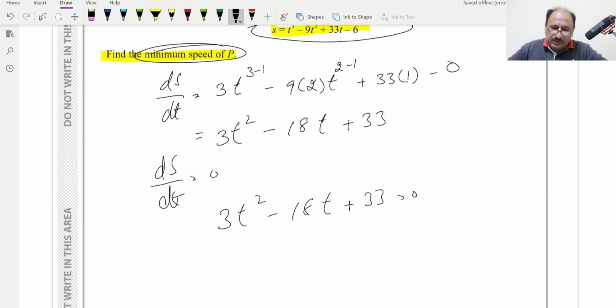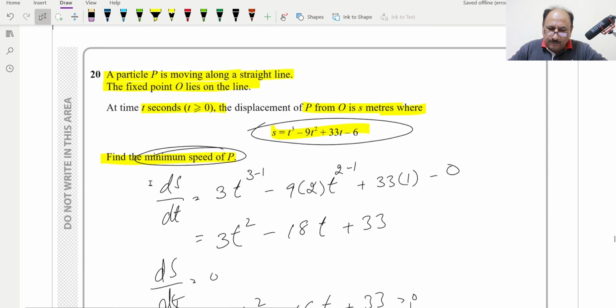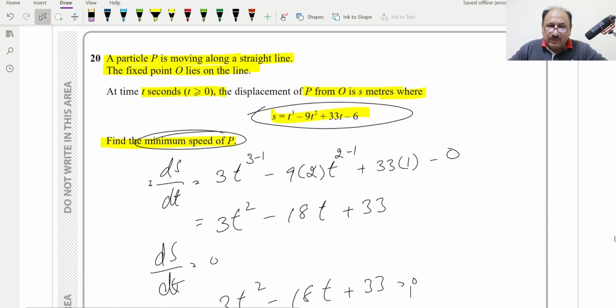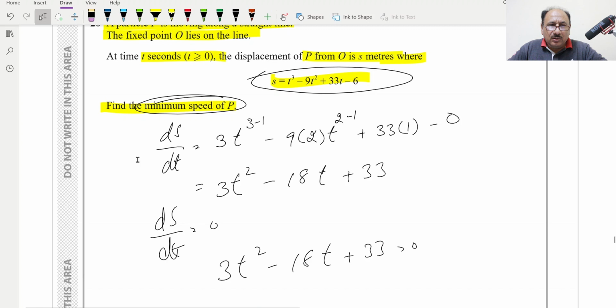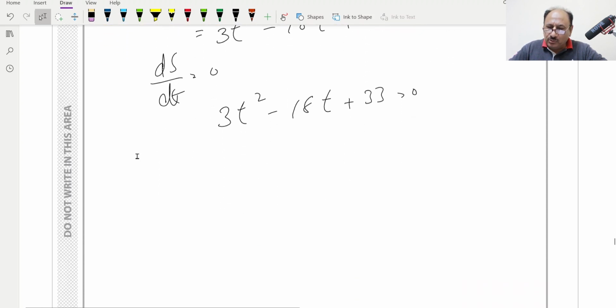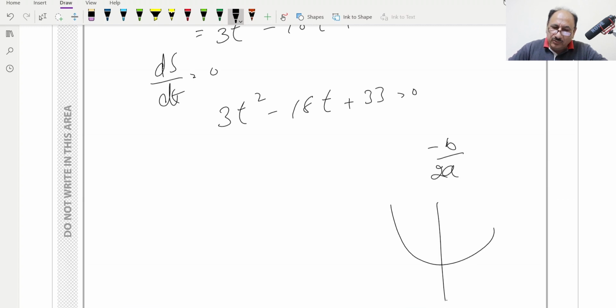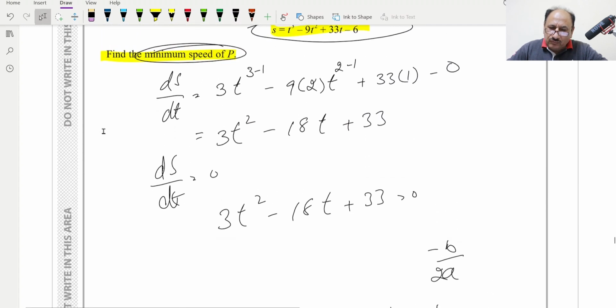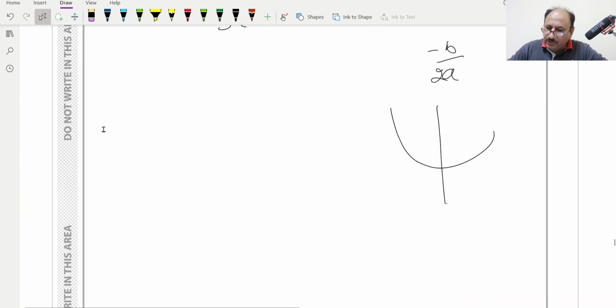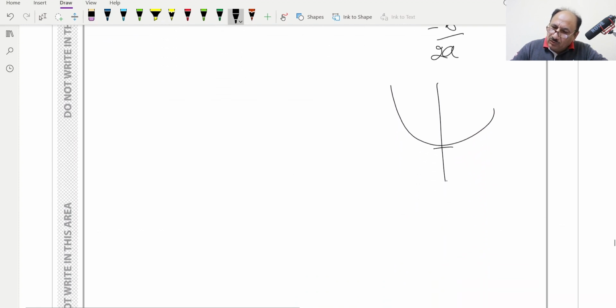Basically we can find minus b over 2a, the vertex, which is always the minimum value.